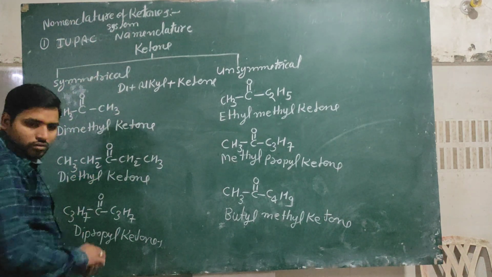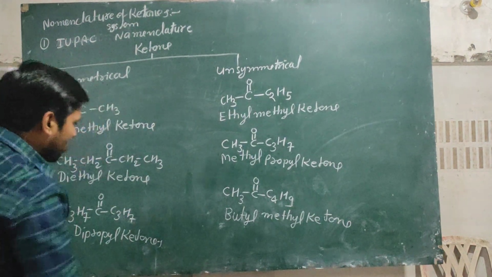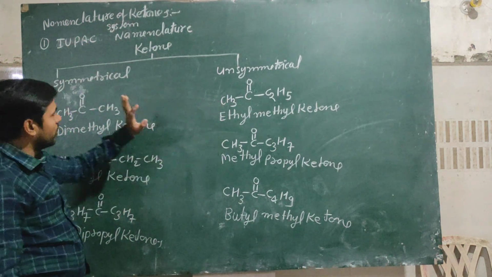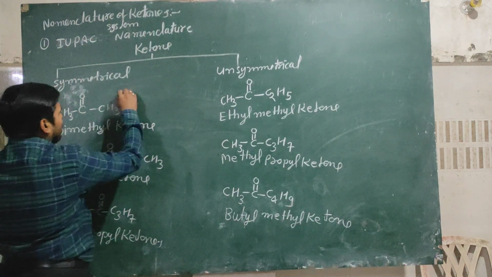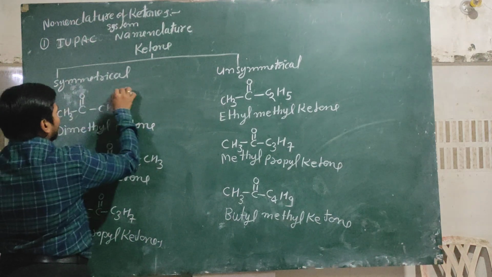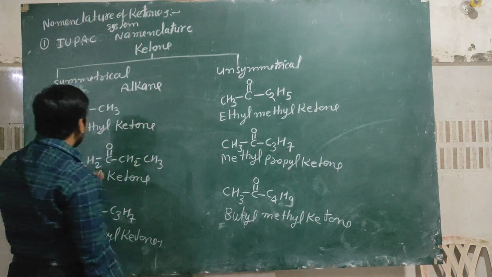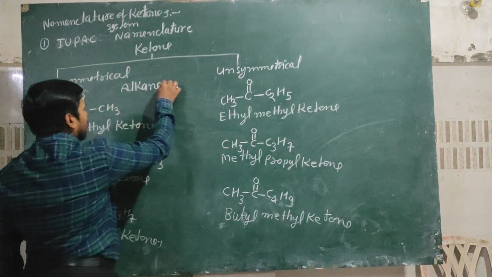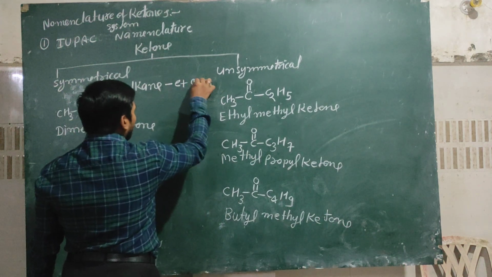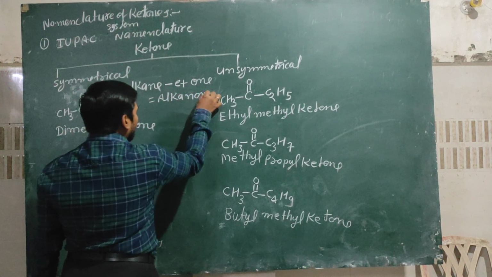Okay, you can see here, no matter whether it is a symmetrical ketone or unsymmetrical ketone, when doing the IUPAC nomenclature, firstly we consider the number of carbon as alkane and remove E from the alkane by adding the word ONE. Then its name is alkanone.